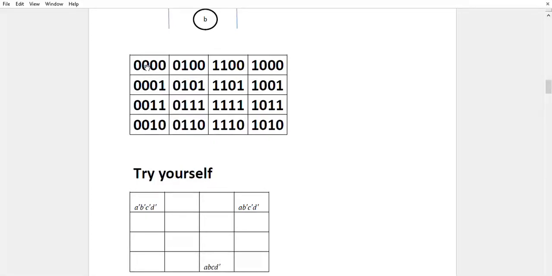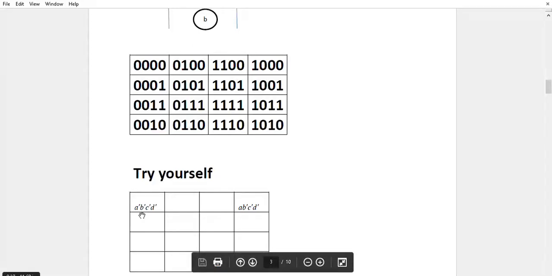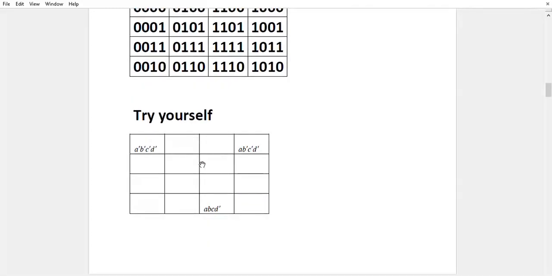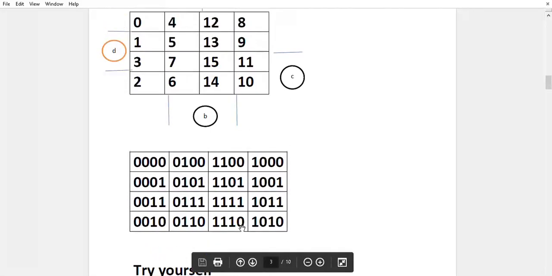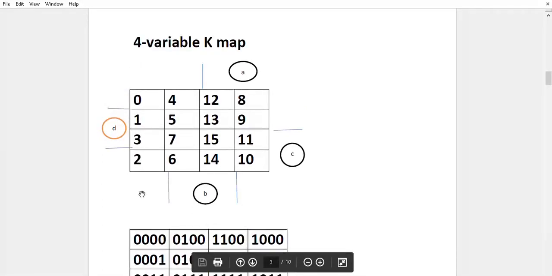Whenever you have 0, put a dash. Whenever you find 1, put the same letter. So suppose you want to know the algebraic structure of the Boolean polynomial for 1, 1, 0, 0, it is simply a, b, c dash, d dash. And it is important to remember this placement.